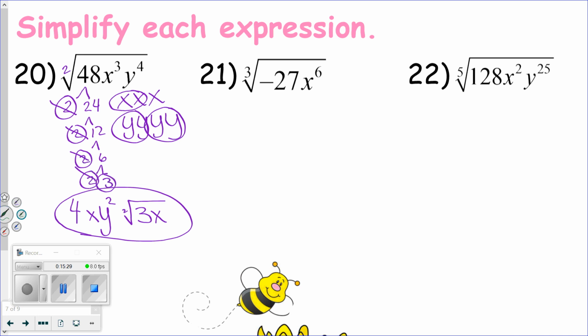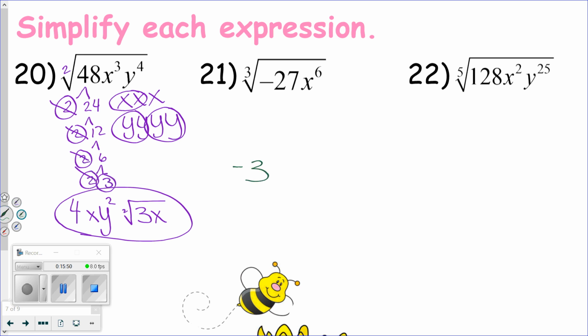Cubed root of negative 27. Is that pretty and perfect? Grab your calculator. Type it in. What's the cubed root of negative 27? Okay, it's perfect. It's pretty. What is it? It's negative 3.